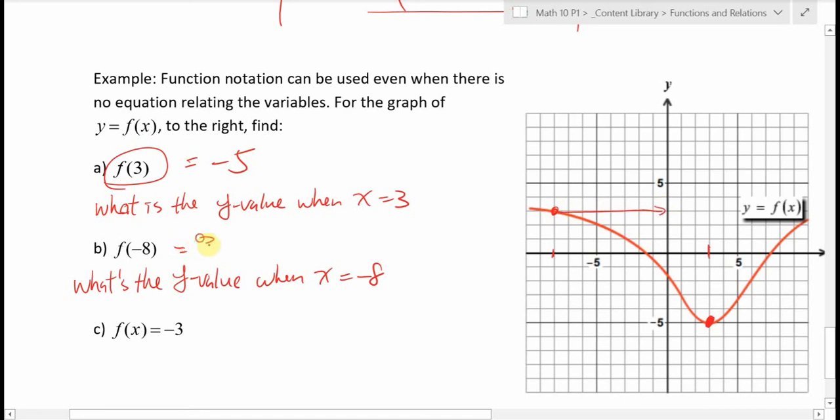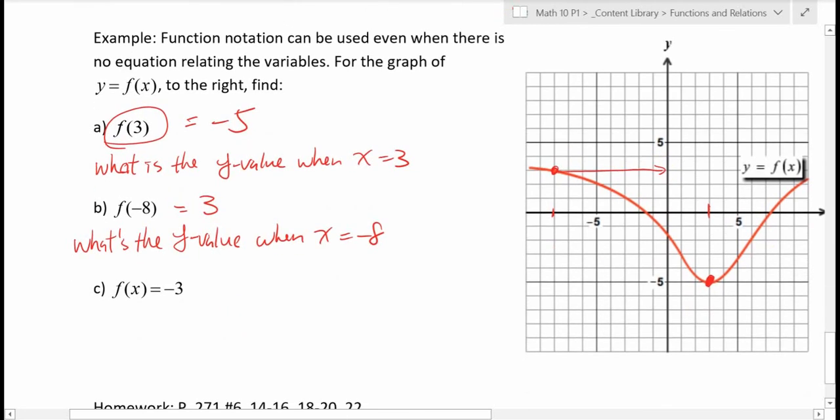So this equals positive 3. For the last one, this one is the opposite. Instead of giving us the x, remember this is the output, so that's the y value. So what this is saying is, what is the x value when y equals negative 3?